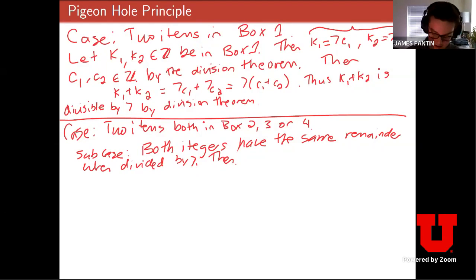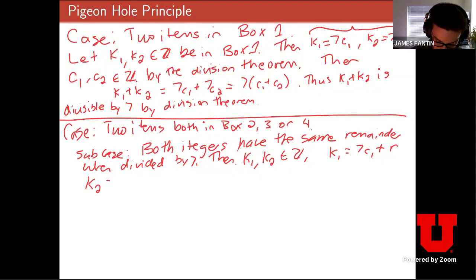So the two integers we've got, k1 and k2, are integers. k1 is equal to 7c1 plus r, and k2 is equal to 7c2 plus r, where c1 and c2 are integers and 0 is less than or equal to r, which is less than 7.